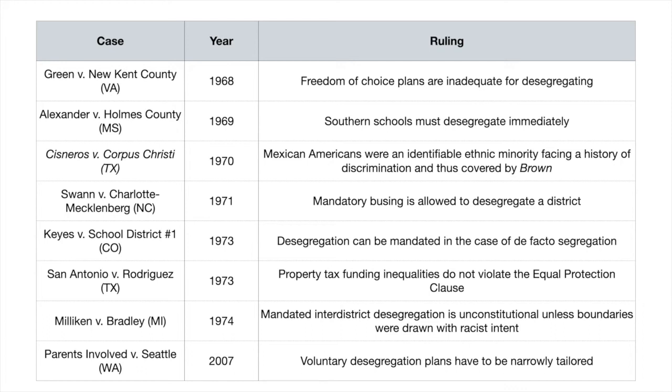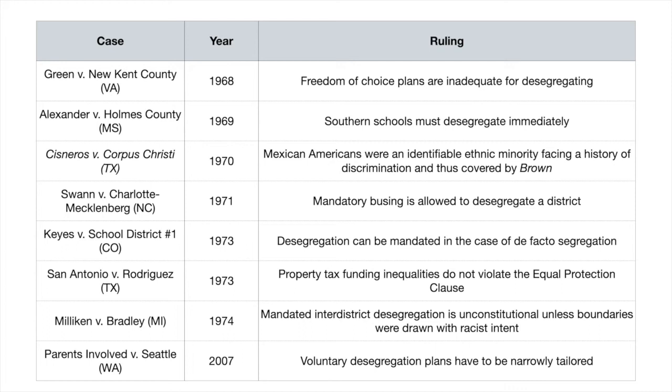In Seattle and in Louisville, there was no court-ordered desegregation. These were voluntary desegregation plans within the district. Not voluntary by parents, voluntary by the district. The district looked at their racial makeup and said, we need to do something about this. Busing plans, school choice plans, different ways to create racial balance in schools in Seattle and in Louisville, Kentucky.